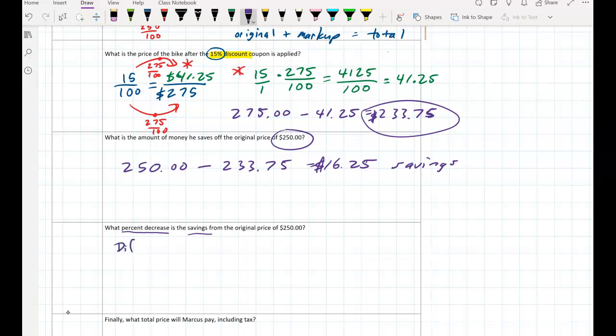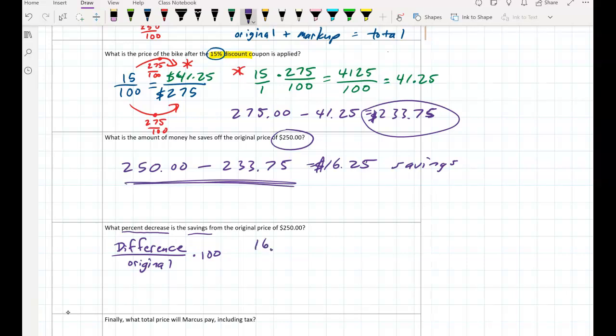So remember, you find the difference between the two, and then you divide that by the original price, and then you're going to multiply that by 100 to find the percent. So the difference between the two prices is like we have up here, $250 minus $233.75.